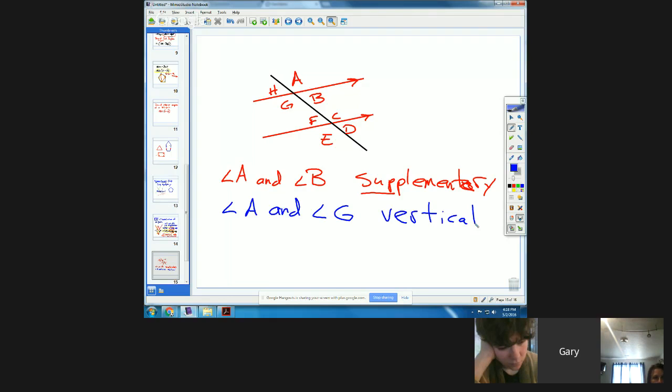Do you see any other angles that might be equal to A and G? C and E, yeah. There are relationships between A, G, C, and E depending on how we put them together, but they are all congruent. Just make a note of that: angle A, angle G, angle C, and angle E are congruent.